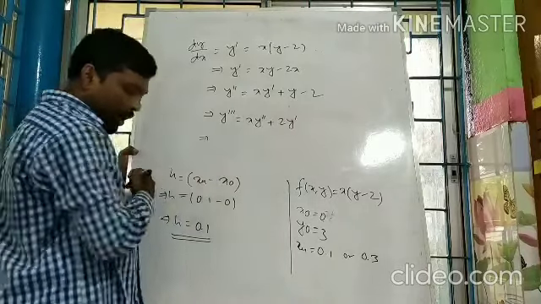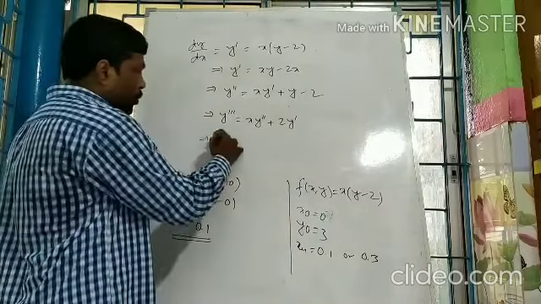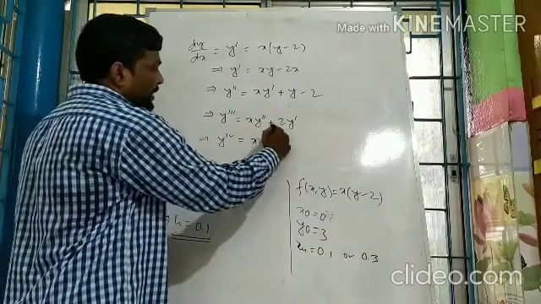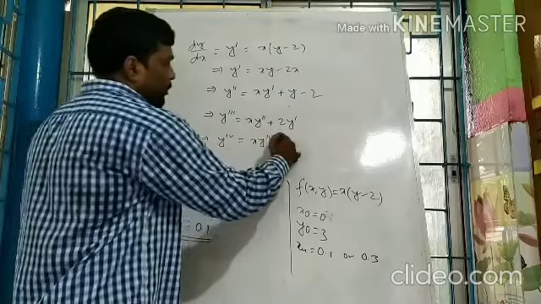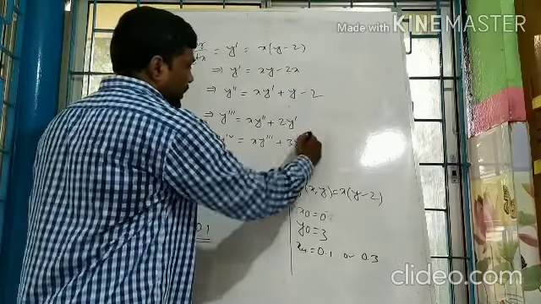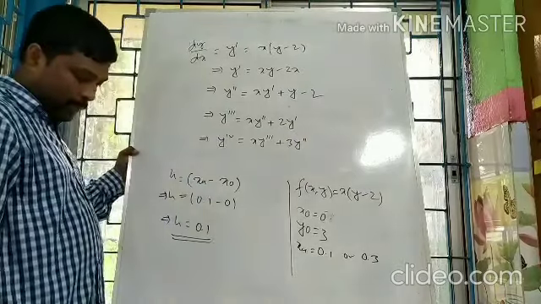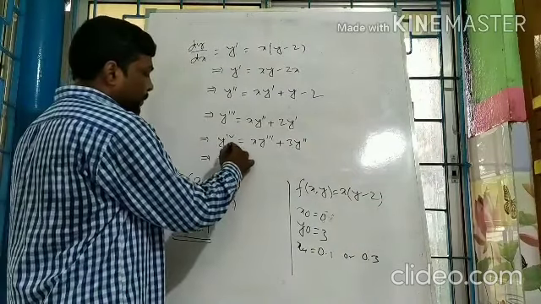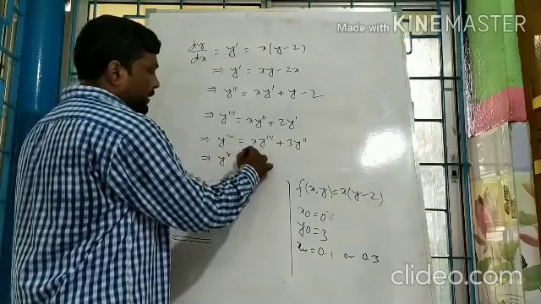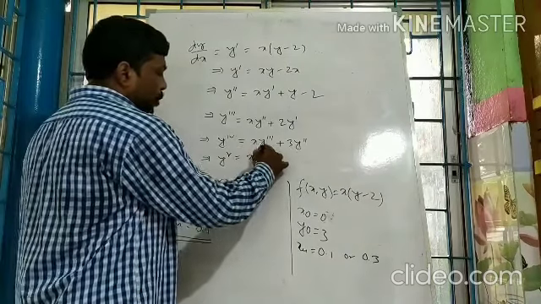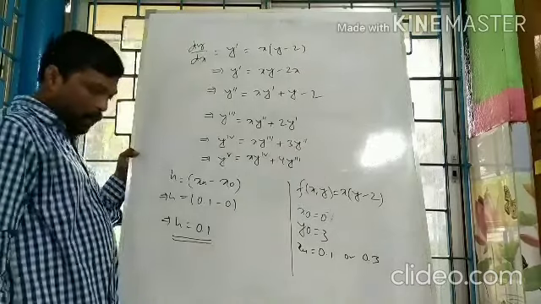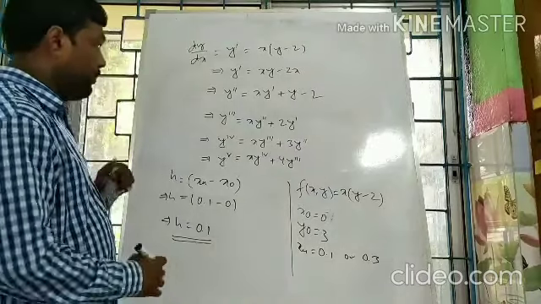Next y4 is x y''' plus 3y'. Next y5 is x y4 plus 4y'''.